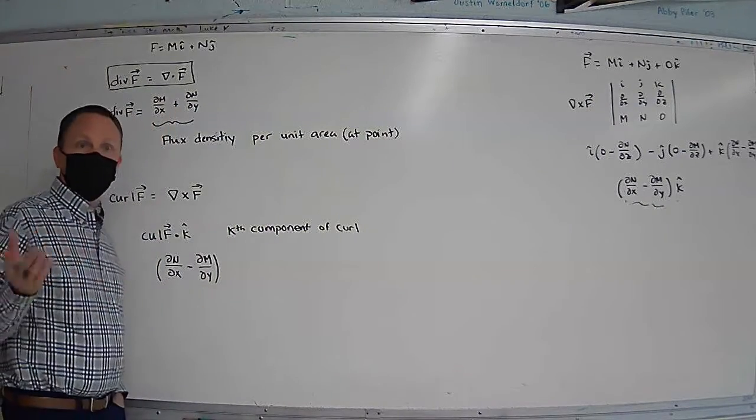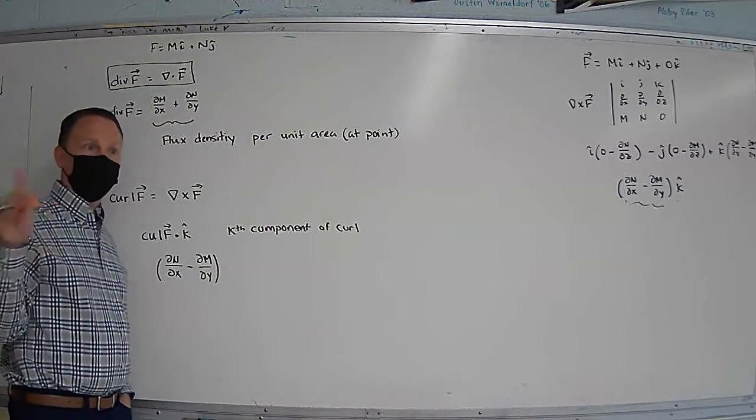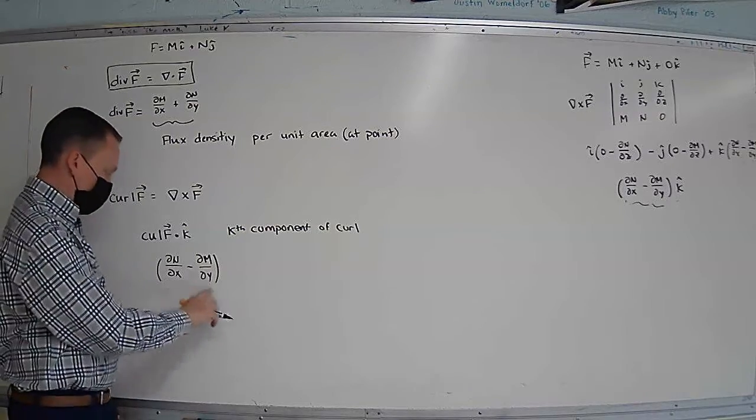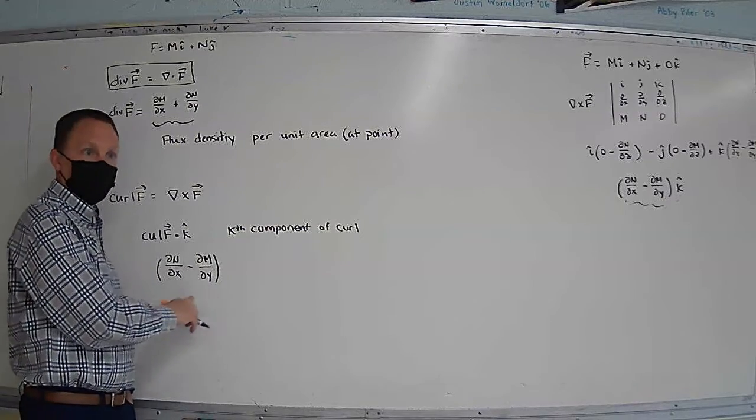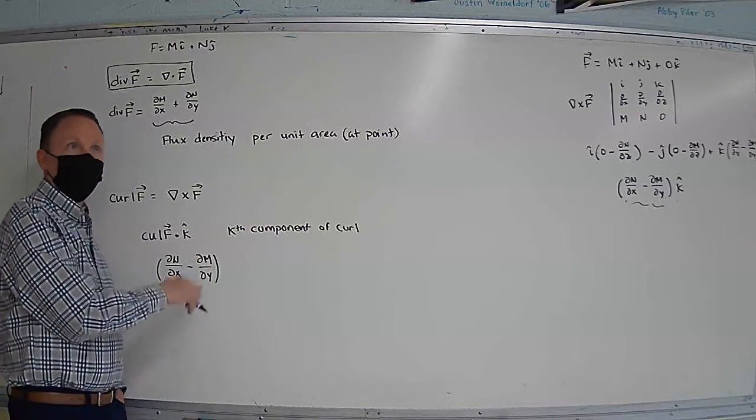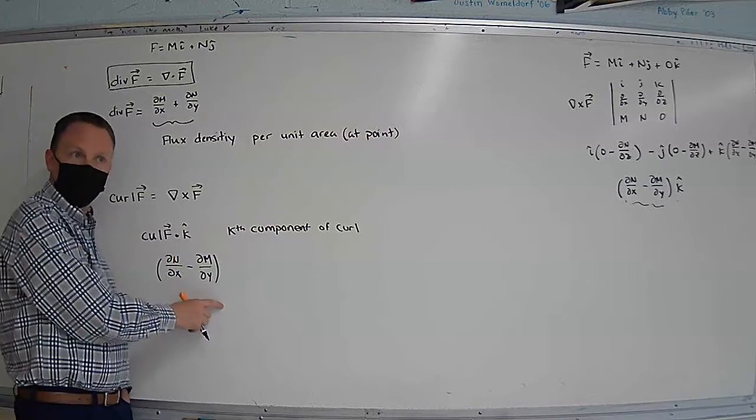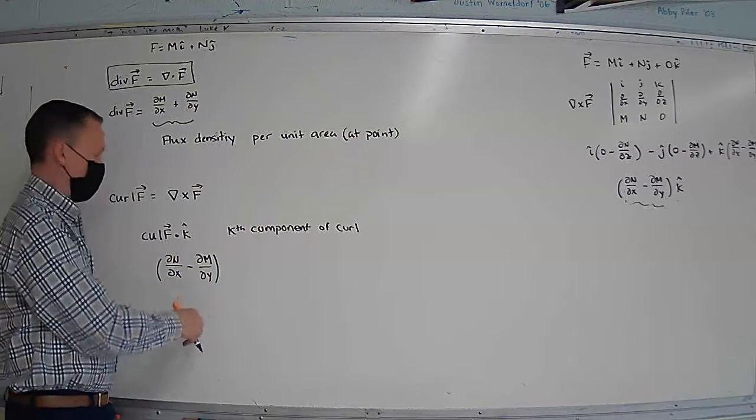You know, we said if this quantity is positive, we have counterclockwise rotation. This quantity equals 2 times the angular velocity of the rotation.